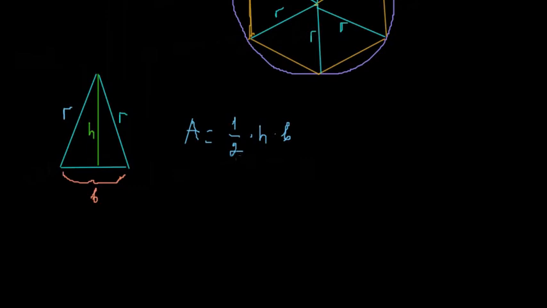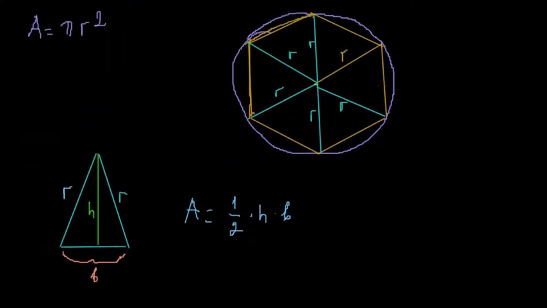In our case, what we can see is that our polygon is six-sided, right? And it covers this part of the circle.